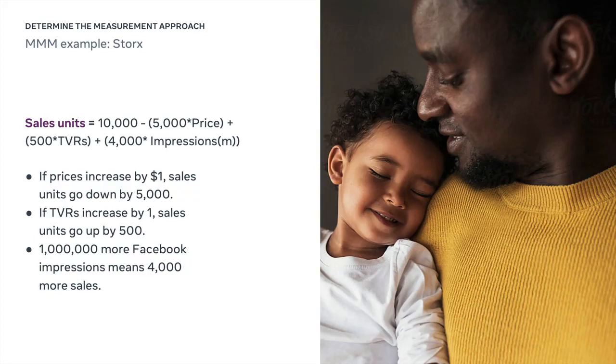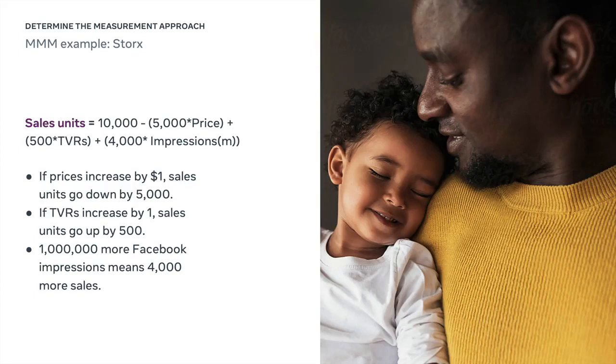The coefficients in the equation show what a change in each variable means for the KPI, which is sales units. Sales units are equal to 10,000, minus 5,000 times price, plus 500 times TVRs, plus 4,000 times impressions.